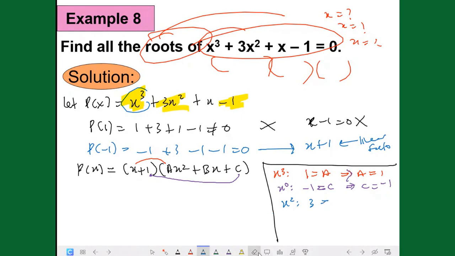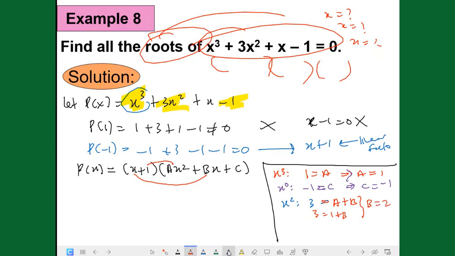Yang produce x squared dari ini lah. Dia lebih sikit kan. So sama dengan A plus B. A is equal to 1, 3 equals 1 plus B. Therefore B is equal to 2.